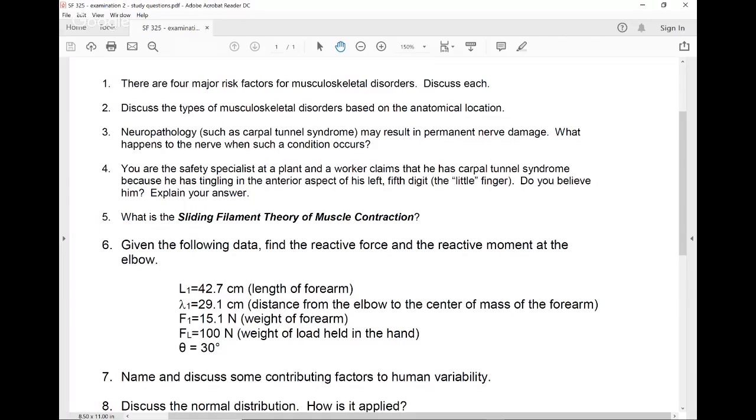For number 2, what I'd like is for you to be able to dissect a few of the common terms for MSDs and identify basically what kind of disorder we're talking about. So let's look at a few of them.